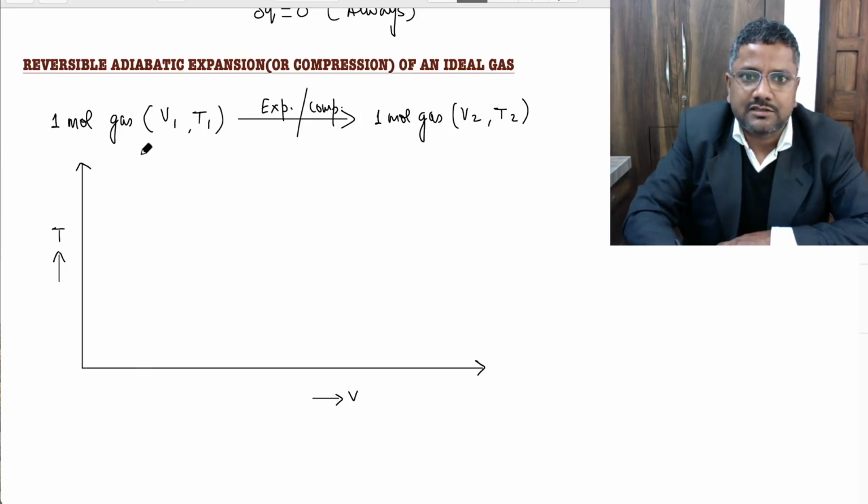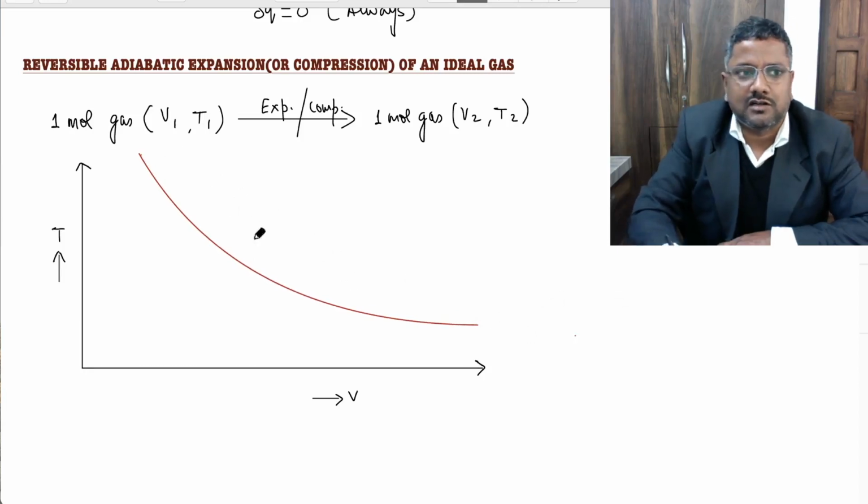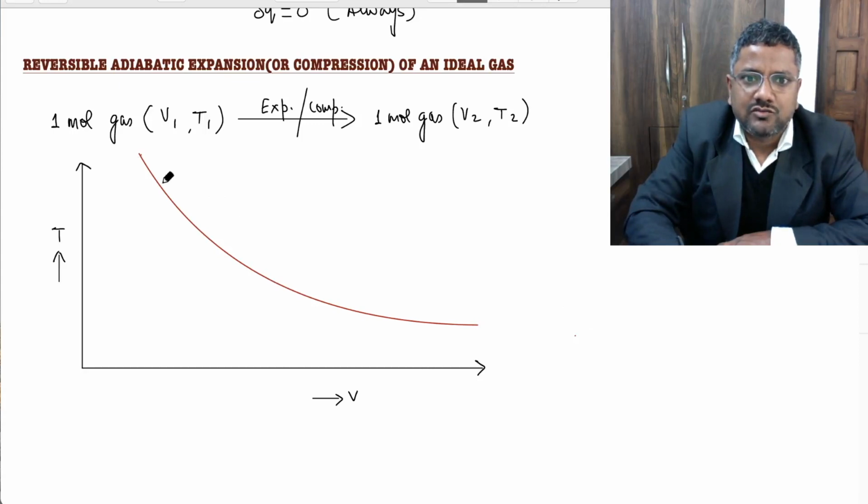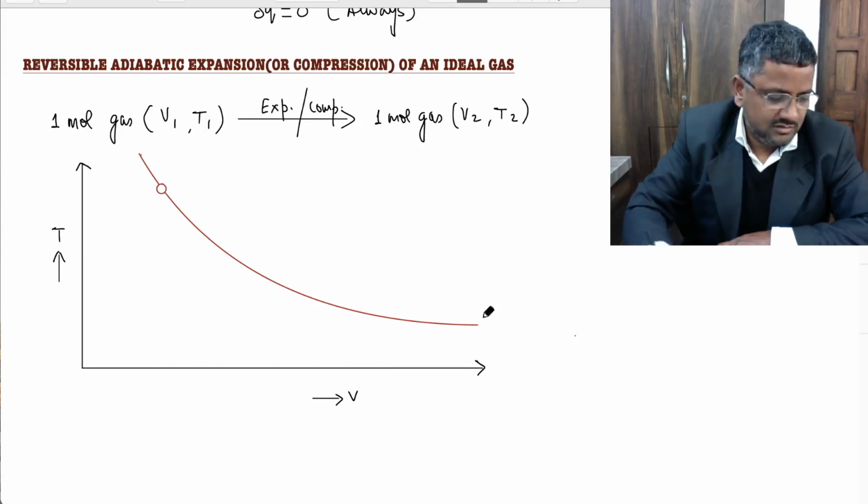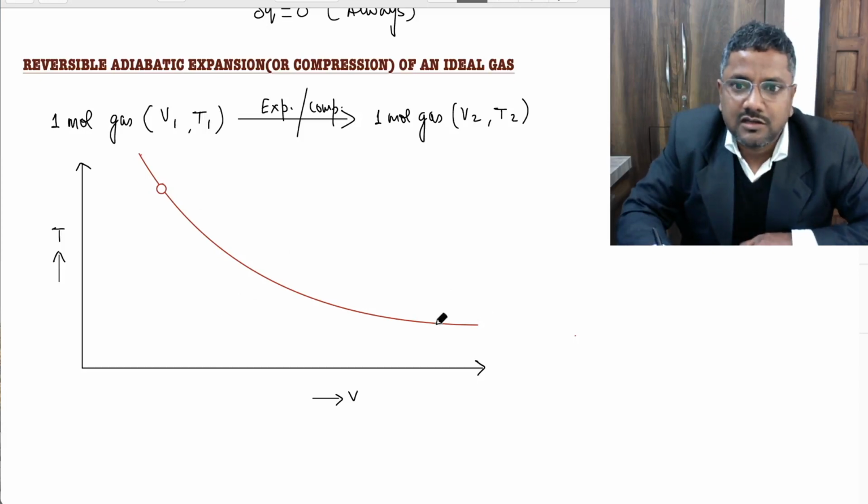Suppose that this is the reversible path. So one state is here, another state is here, right?